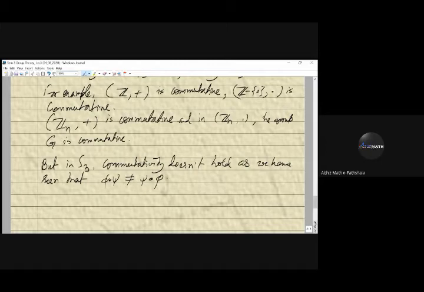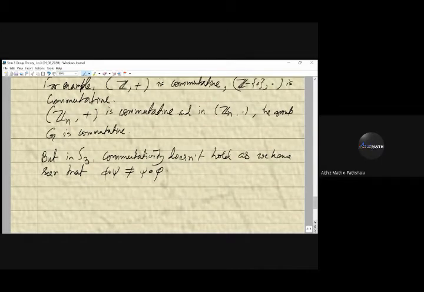So the groups which satisfy commutativity have a special name due to Abel. They are called Abelian groups.